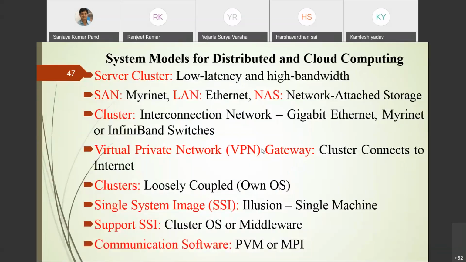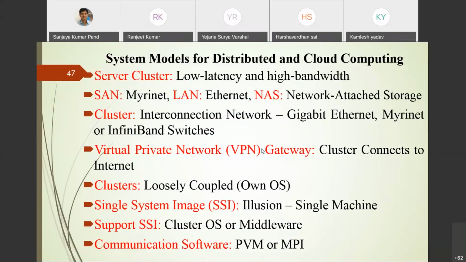See here, in a cluster, latency is minimum, because all are grouped into a single point. They may not be distributed. If distributed, the latency factor will increase, because one server may be in the US, another server may be, let's say, in India.